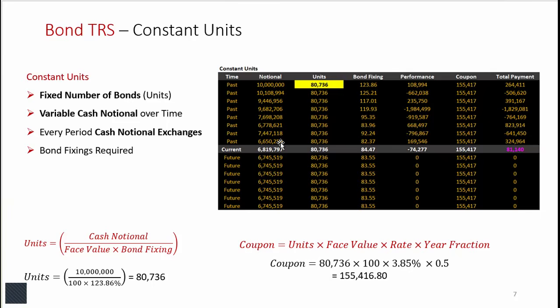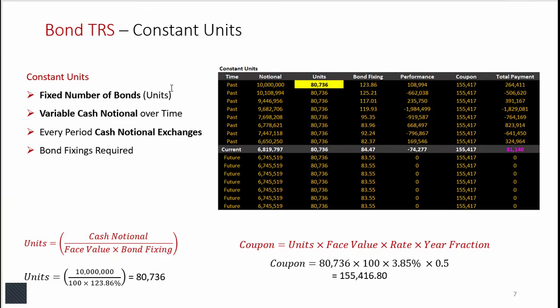Now, coming on to the trade feature where we could specify constant units or constant notional, I want to show you how that affects the coupons and the calculation and pricing of the bond TRS. With constant units, we can specify whether we want exposure to a fixed number of bonds, or exposure to a fixed dollar notional amount, which we specify as constant notional.